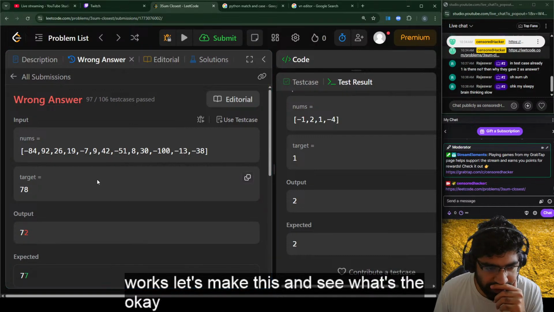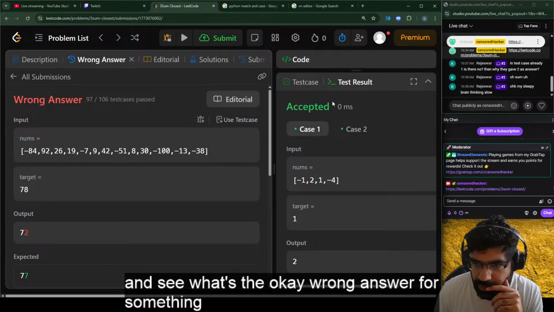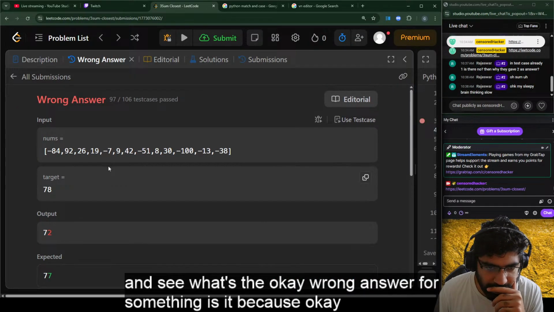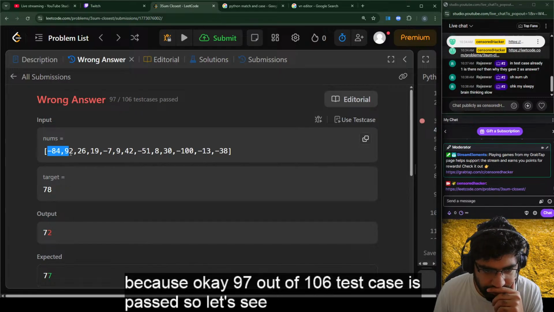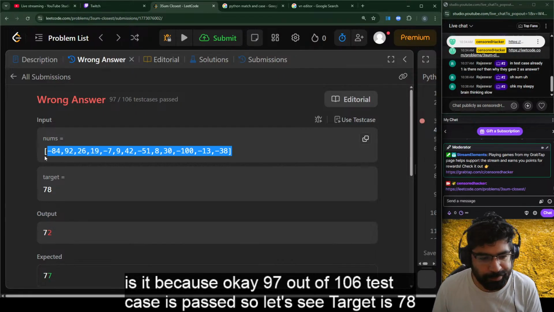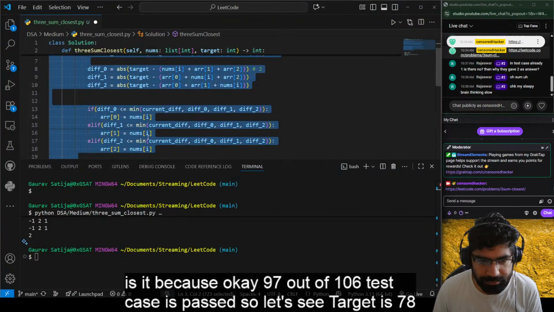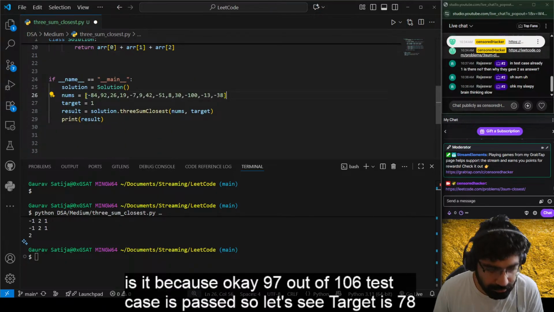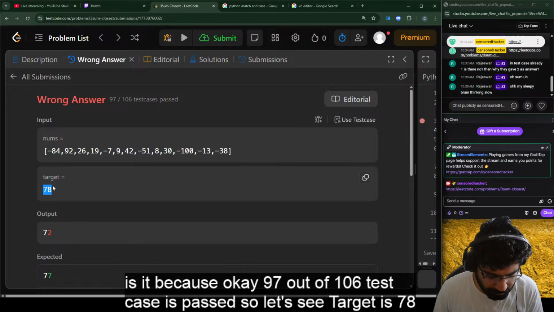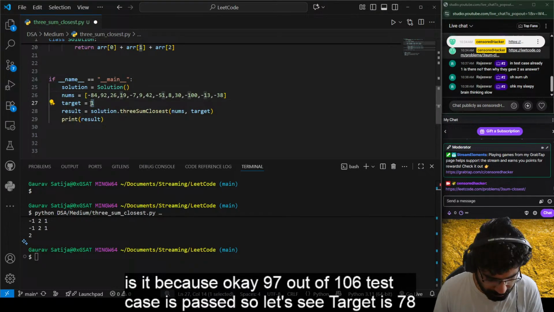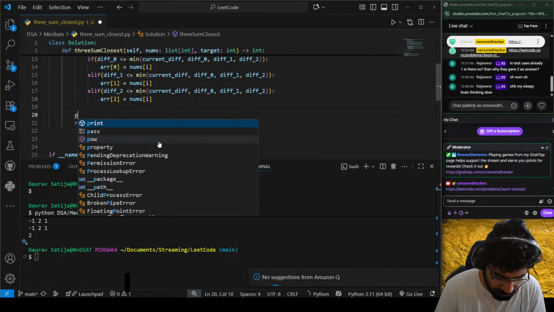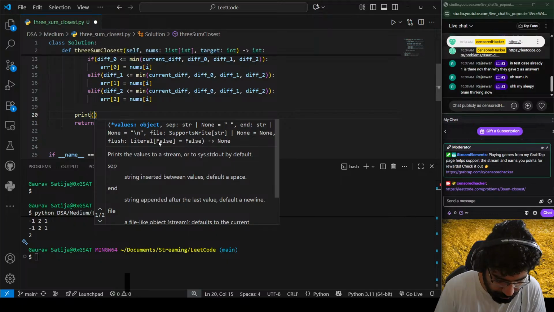Okay, wrong answer for something. Is it because... Okay. 97 out of 106 test cases passed, so let's see. Target is 78. Print.